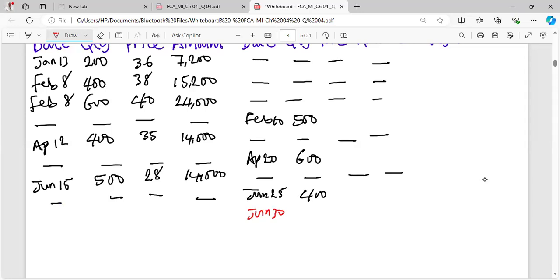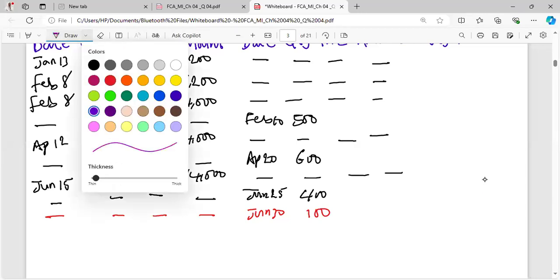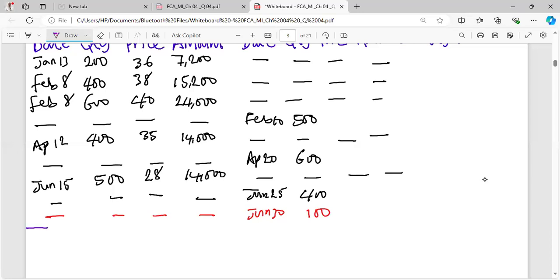June 30, there's going to be 100 here. So of course there will be dash, dash, dash, and dash. And that's it. We close the books.